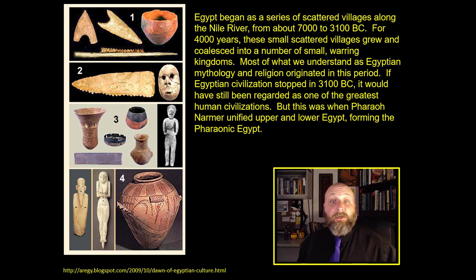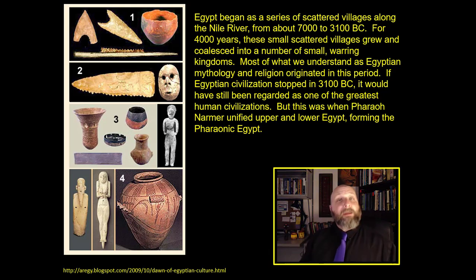Egypt began as a series of scattered villages along the Nile River from about 7,000 BC to 3,100 BC. So in other words, you take that yellow column, and if you include pre-Pharaonic Egypt, you double the size of that yellow column. That's how old Egypt is.